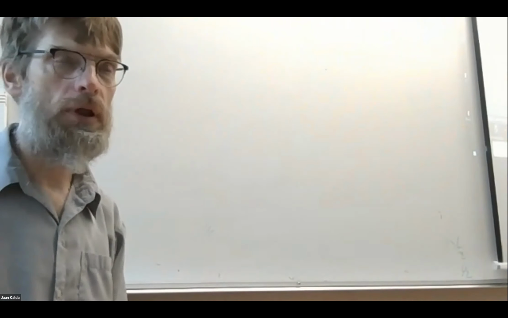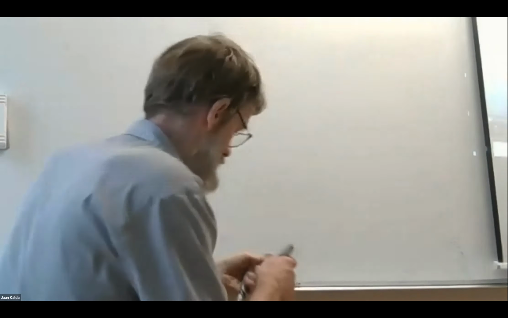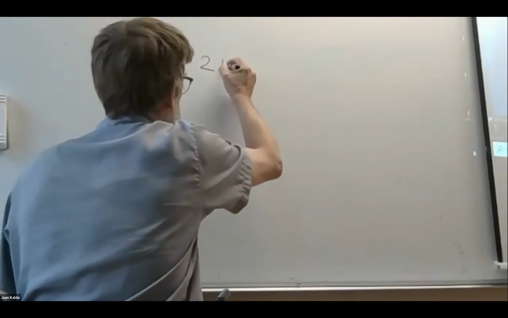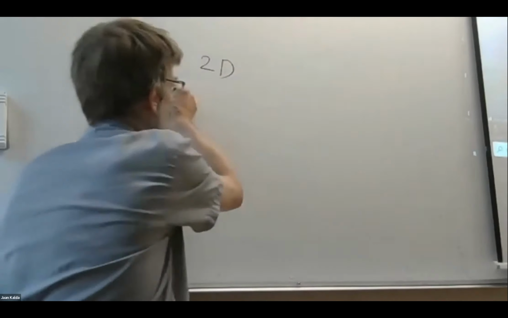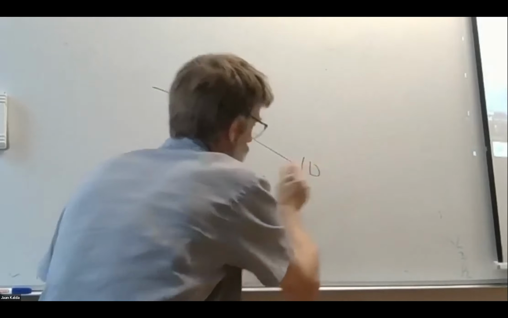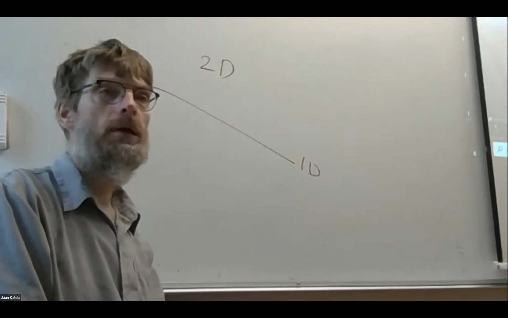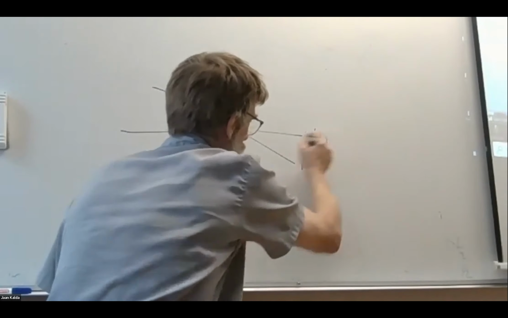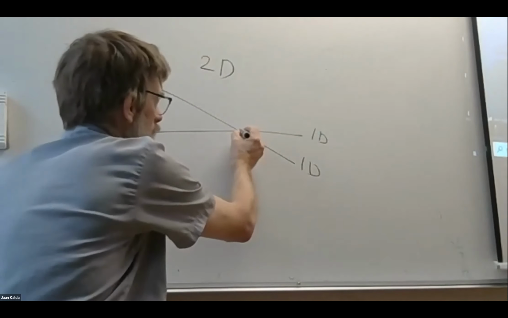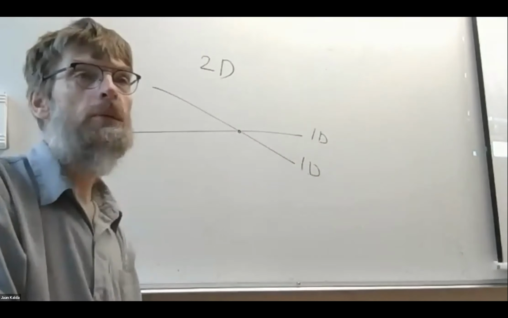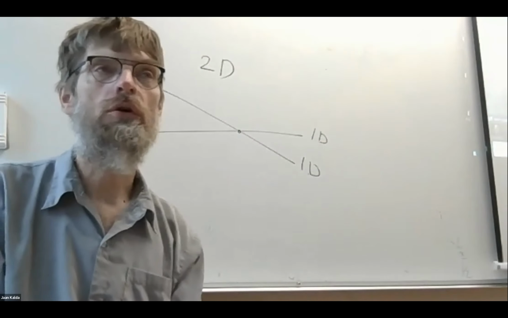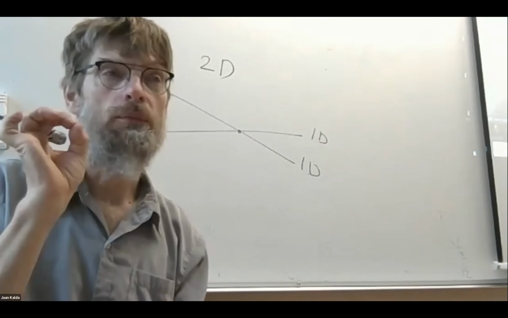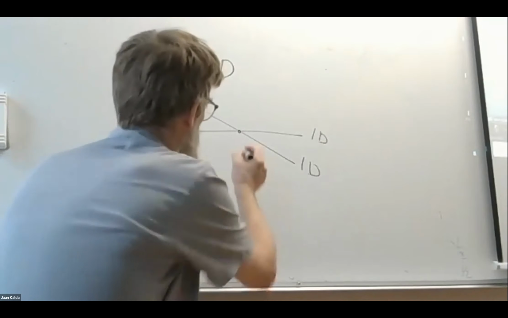If you have drawings on a whiteboard, which is 2D, we take one line, and another line is also 1D. The intersection of them is one point. So what is the dimensionality of one point? 0.